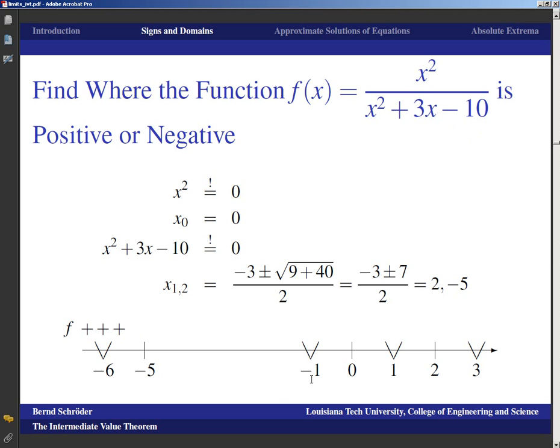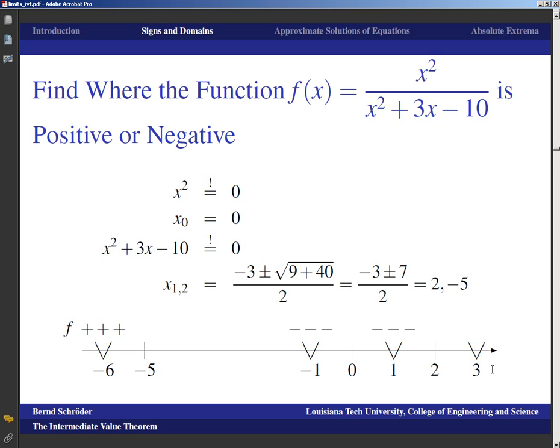Do the same thing with negative 1. Negative 1 squared is 1, but more importantly, the numerator is positive. Negative 1 squared is 1, minus 3 minus 10, that's negative 12, so positive divided by negative gives us negative. 1 squared is 1, 1 squared plus 3 is 4, minus 10 is negative 6, so we get positive divided by negative.